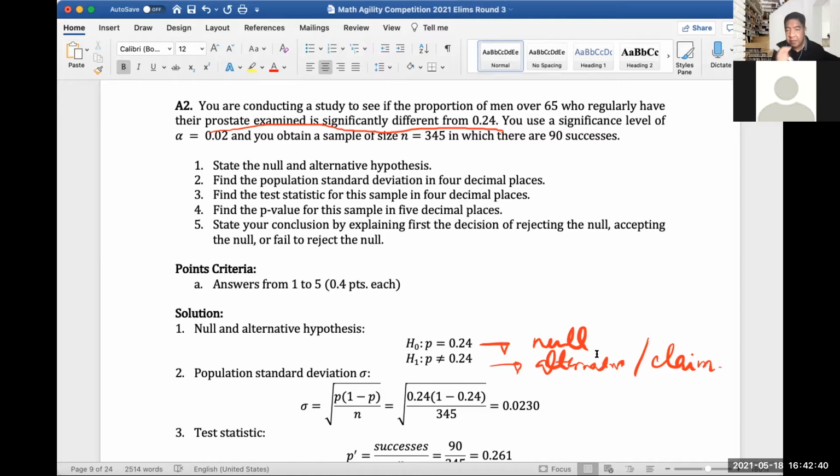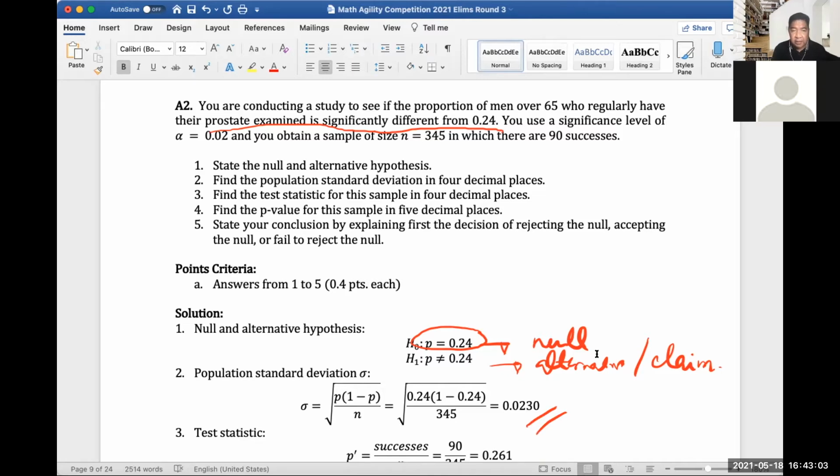So p is actually the population proportion, which is the one we're using in formulating our hypothesis, which is 0.24 here, right? So 0.24 times (1 minus 0.24) all over 345, and then get the square root of that. We will get sigma equal to 0.0230.